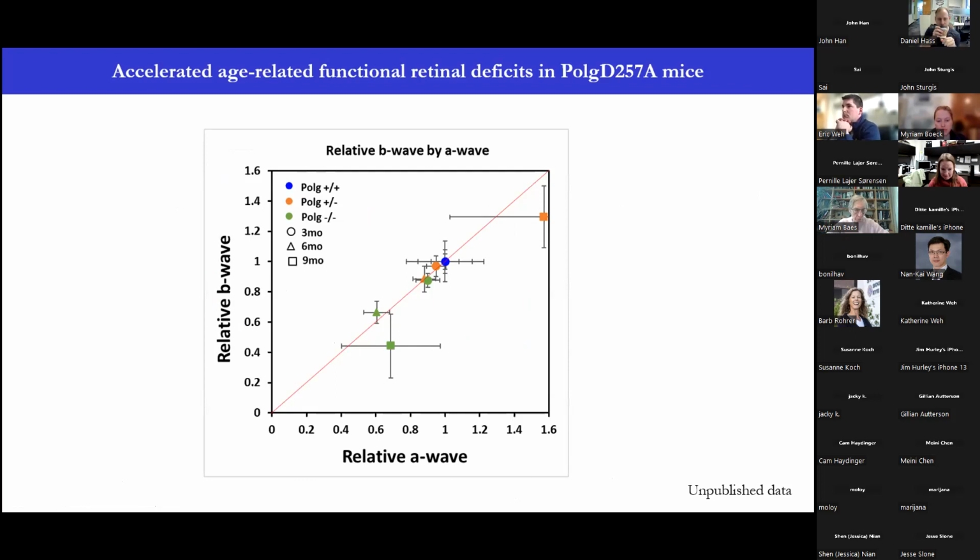We did that, and we actually do see that all of the points are falling basically entirely on the red line, which means that the reduction in the A wave and the B wave is equivalent. And so the reduction in the B wave is not due to bipolar cell dysfunction, but it's more so just the change in phototransduction from the reduced A wave. That was a good point that was made, and we're going to include this in our resubmission.